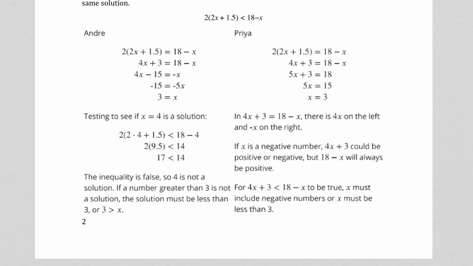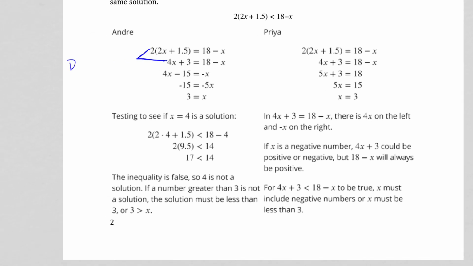So, here's what we're going to do. What did Andre do between these two equations? Distributed the 2. Okay, what did he do from here to here? What changed? He added the 18 to the 3. Did he add it?